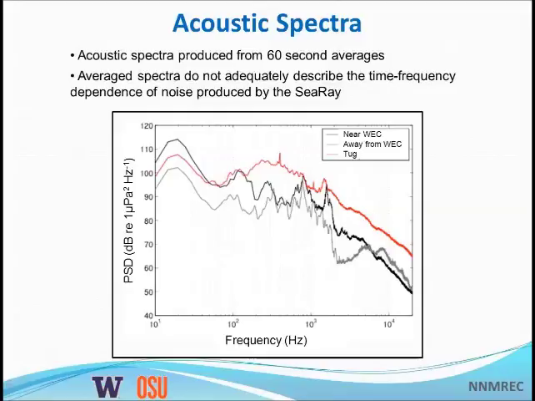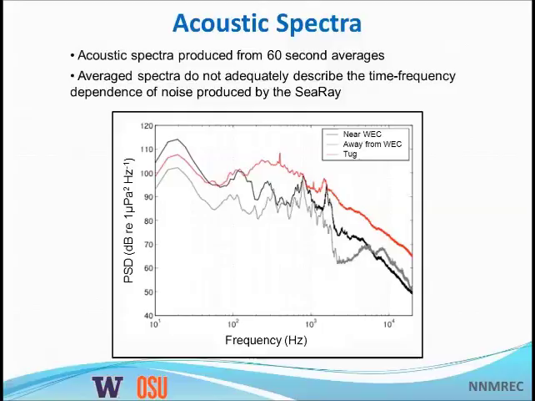And one of the main points I'd like to make with this is that if we go back to the spectrograms, we saw a lot of frequency modulation in the noise, but when we average the spectra, what we see, rather than narrow harmonics from this device, we're seeing wide smeared out peaks beginning at about 100 hertz. And the point I'd like to make here is that perhaps with a tidal energy device, the noise might be approximately constant over the period of 1 minute, so average spectrum might be good ways of presenting the data.